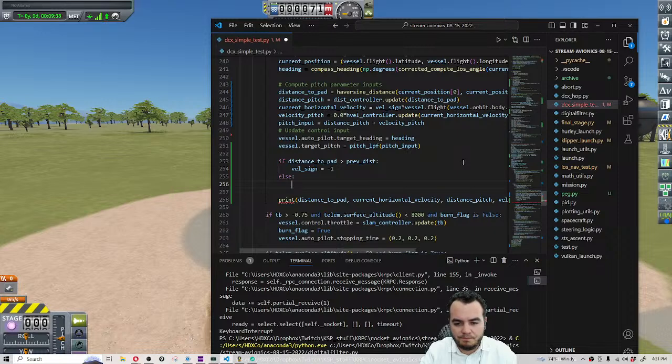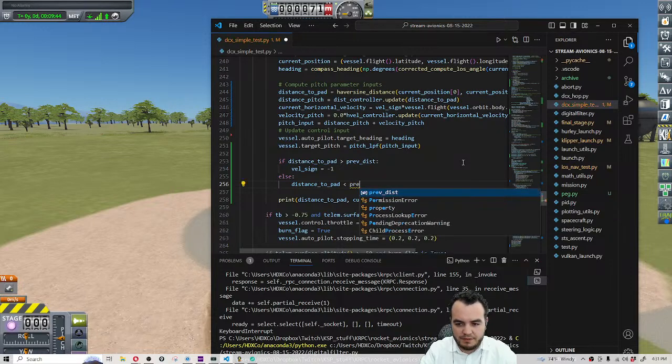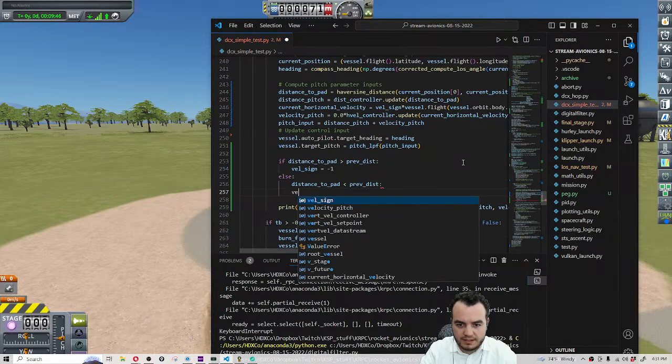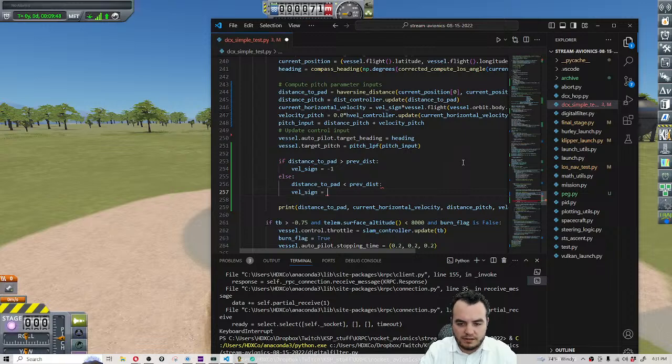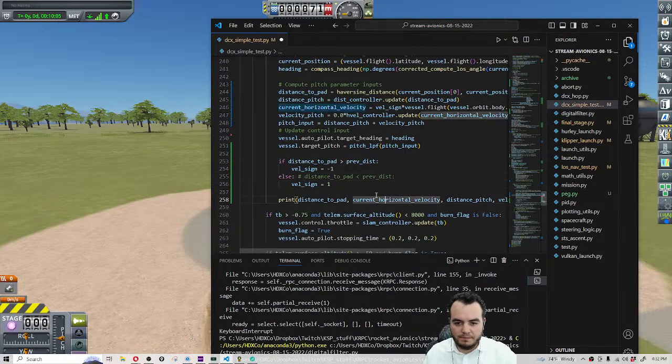Else if distance to pad, which is our current, is less than our previous distance, then we're moving towards it, so our velocity sign can be equal to 1. Oh, I guess I actually didn't need that, did I? You know what, we'll just comment that out. Leave it as a comment so that way we know. There we go.